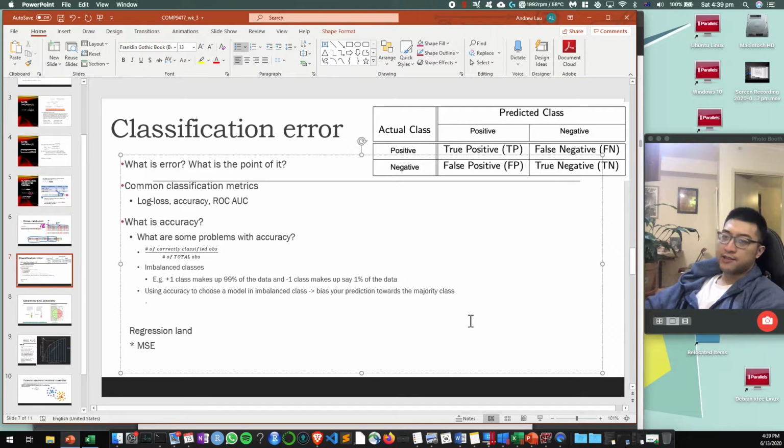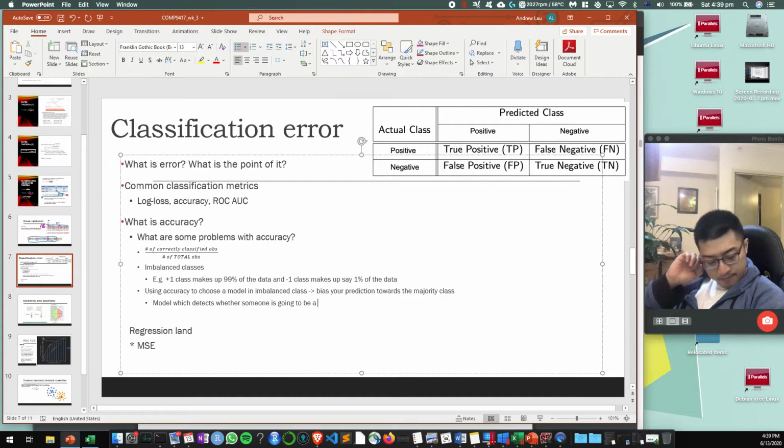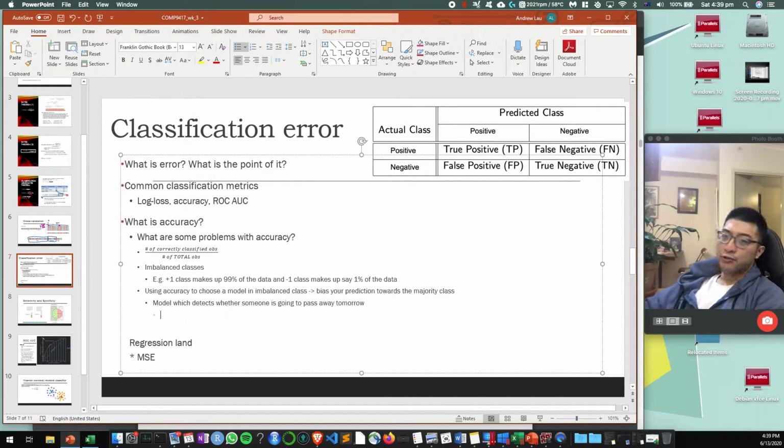Let's say I have a model which detects whether someone is going to pass away tomorrow, I apologize, a bit morbid.